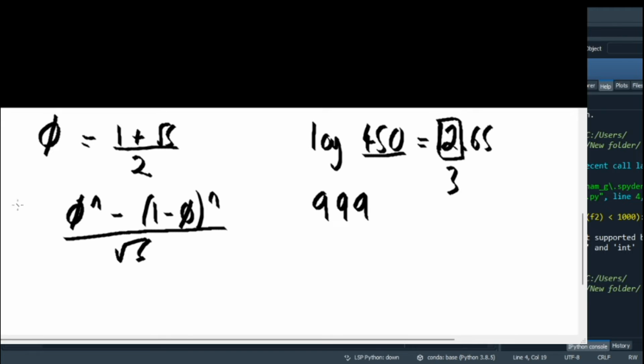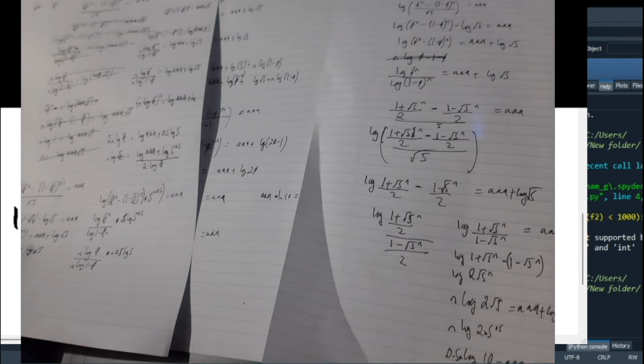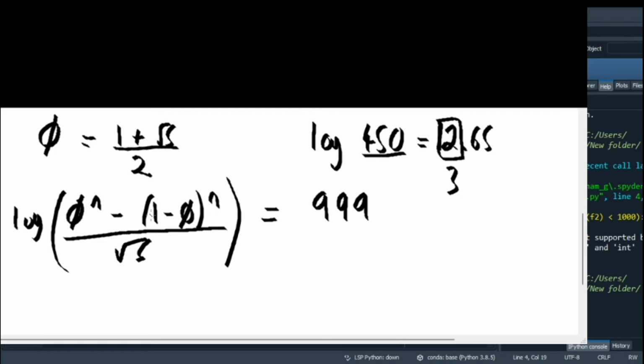We just take the log of this, then we have an equation that we can use, but we need to find n. Now, I tried for about 3 hours. I was literally up until about 3 AM trying to isolate n in this equation. I think it may actually be impossible.